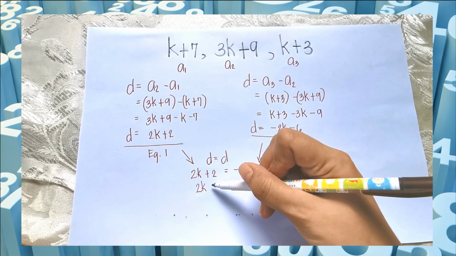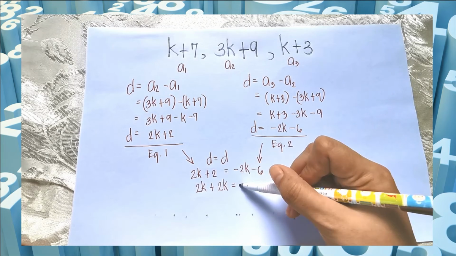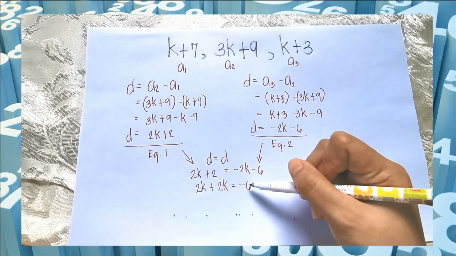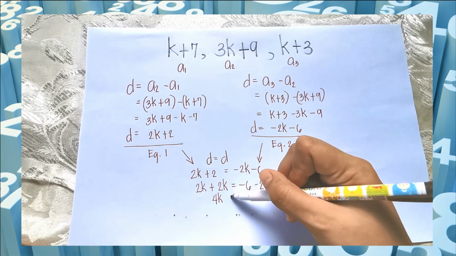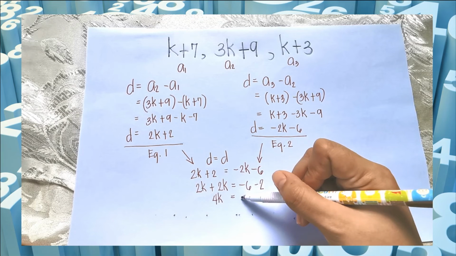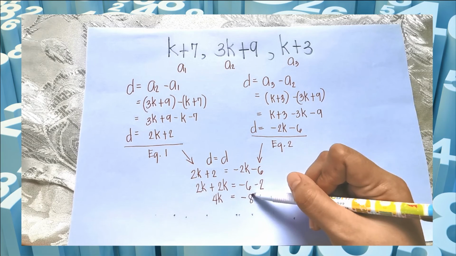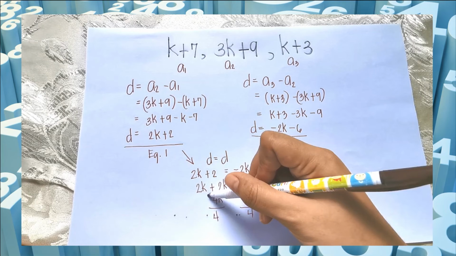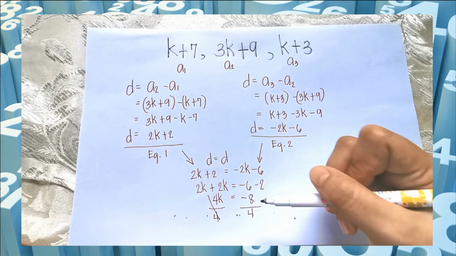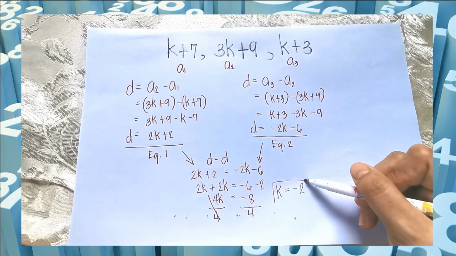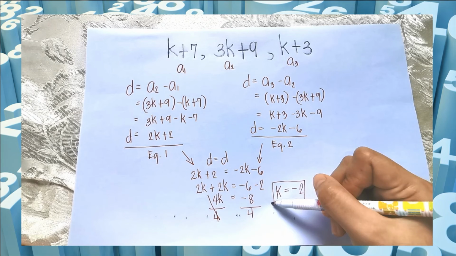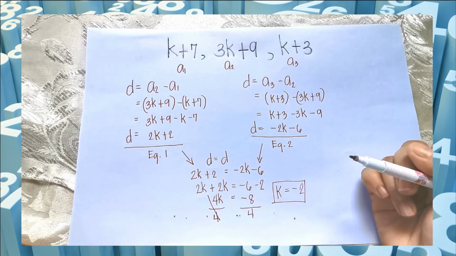By addition property of equality, we have 2k plus 2k equals negative 6 minus 2. Simplifying it, we have 4k equals negative 8. Then we divide both sides by the coefficient of k, which is 4. We have negative 8 over 4 equals negative 2. Then, the value of k equals negative 2.